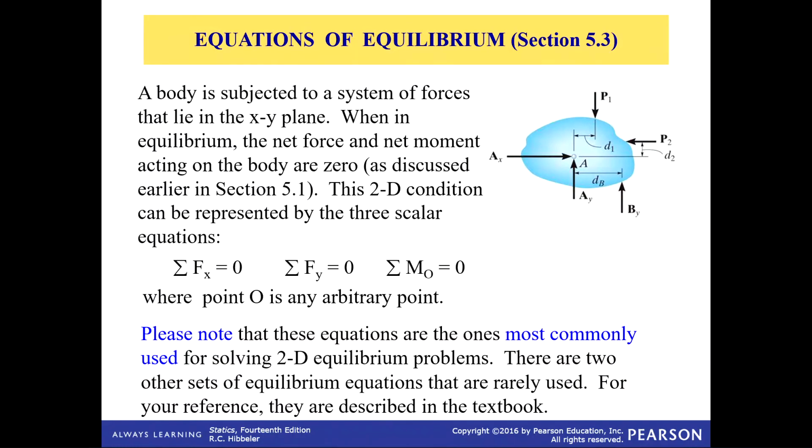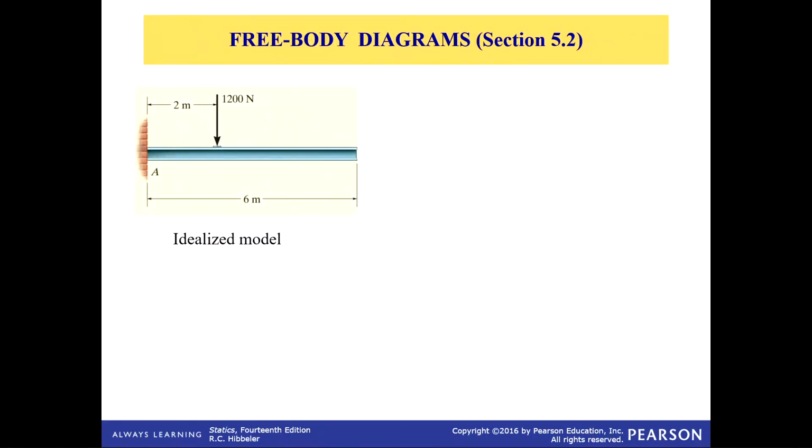In a 2D case, we have this arbitrary point O, and we can apply three equations at that point. We can apply the sum of F_x equal to 0, the sum of F_y equal to 0, and the sum of moments equal to 0. Again, if the body is in equilibrium, all of those will come out to 0. Those are our equations of equilibrium.